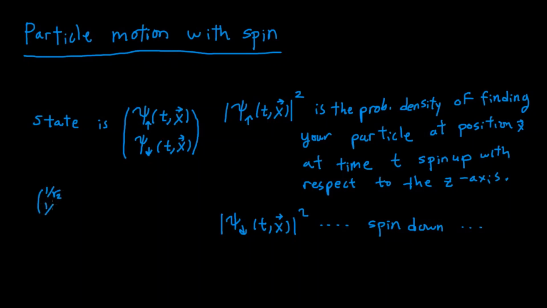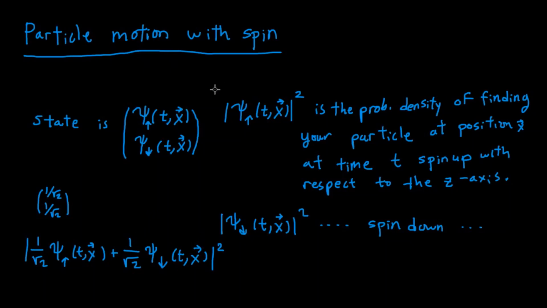So this state, for instance, has a 100% chance to be found spin up in the x direction, and likewise, the absolute value of 1 over root 2 times psi spin up at t and x plus 1 over root 2 times psi spin down at t and x, all squared, is the probability density that you find your particle at position x at time t, spin up in the x direction. Right? So that's how that works.